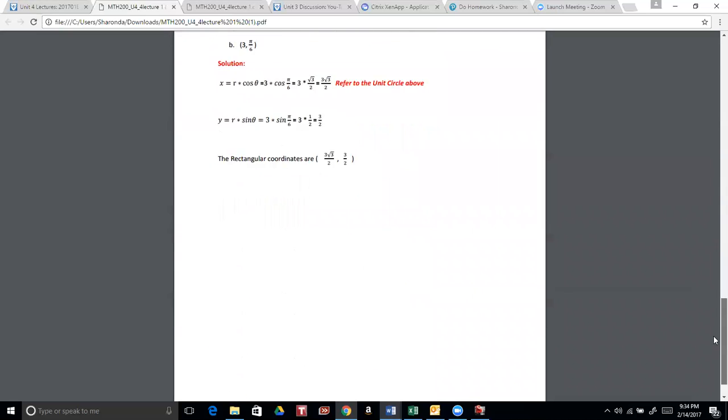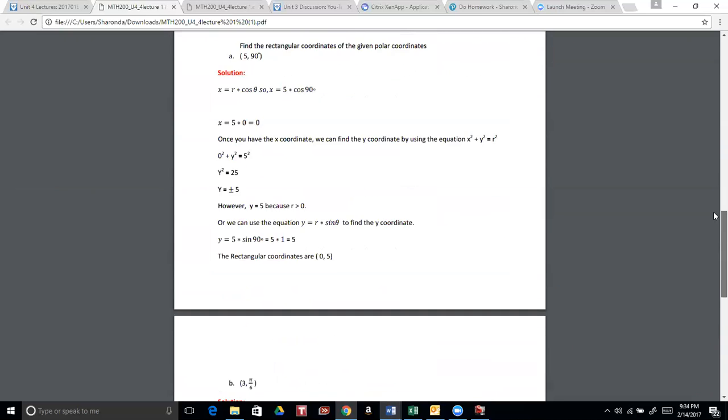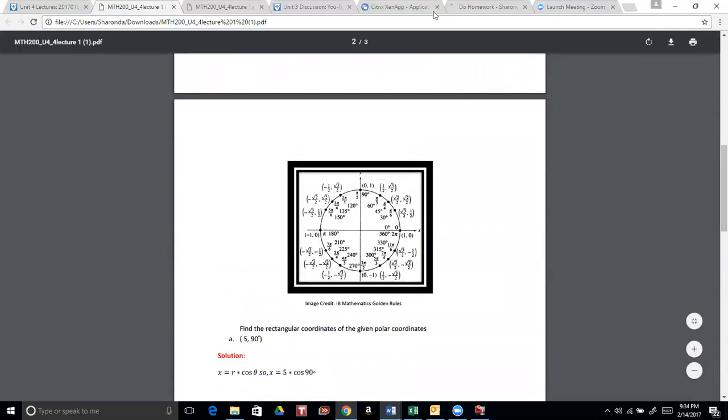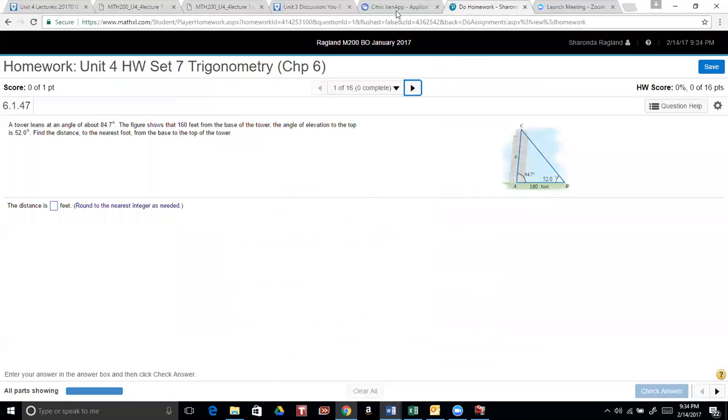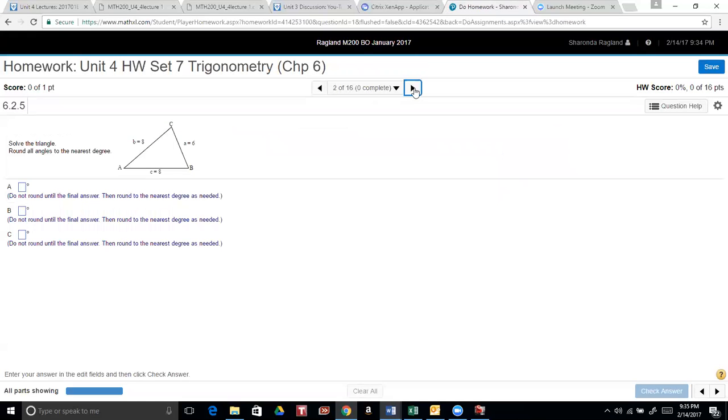Now, as you work on the homework, you will notice that you'll be dealing with triangles, and they're not all going to be right triangles. As you can see here, these are non-right triangles.